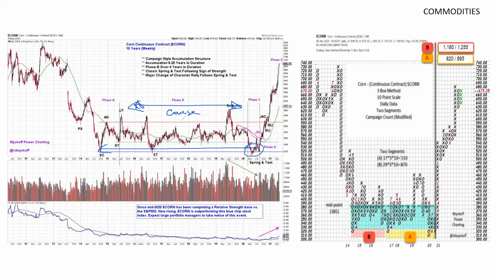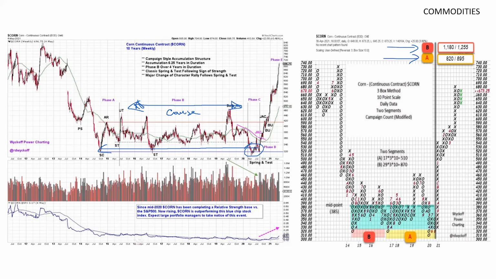And you can see that on the chart on the right, which is a 3-box reversal chart of that whole area back to 2014. And look at the count that we have. From the low, which is a beautiful spring and a test, it counts up 820 to 895 for the first segment, segment A, and then 1180 to 1255 for segment B.